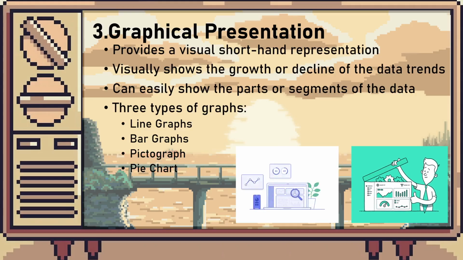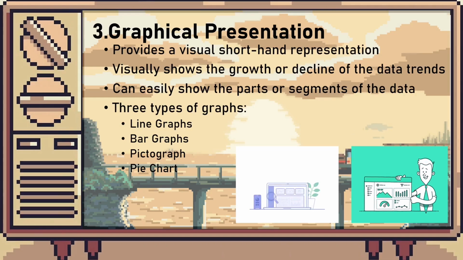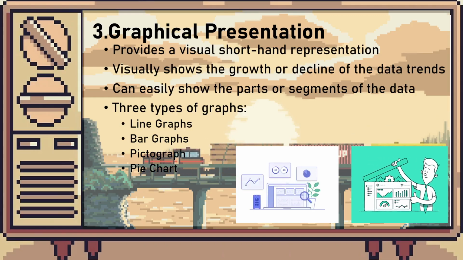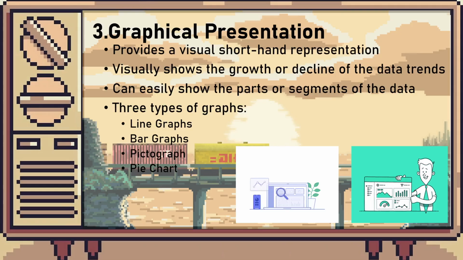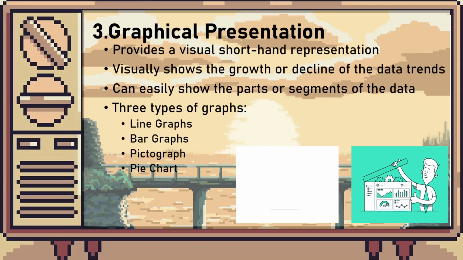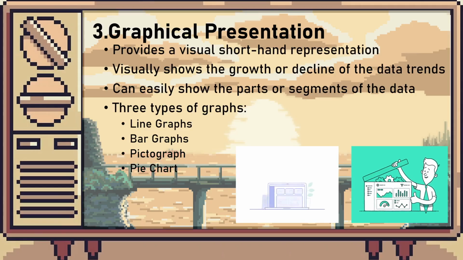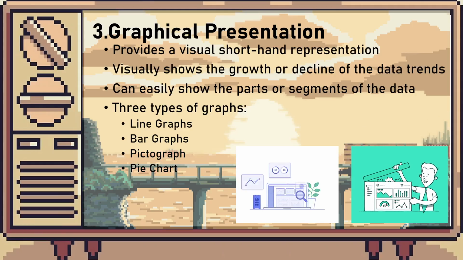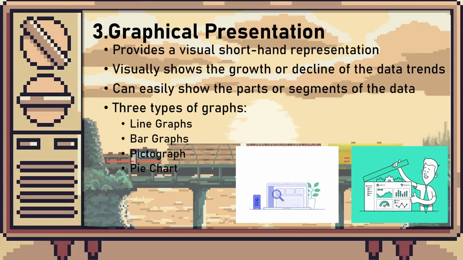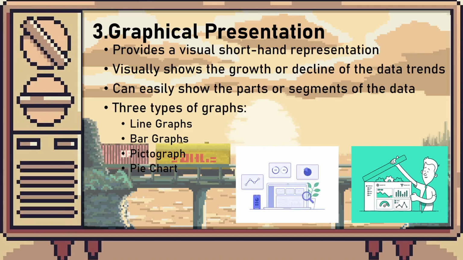The next one is your graphical representation, which provides a visual shorthand representation. Unlike the other two, it is less utilized in the paper itself, but it could be vital in your presentation, as in your defense.